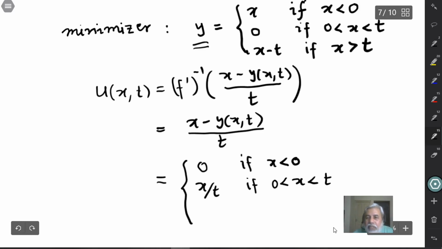And finally, if x is bigger than t, then it is x minus t, so you just get 1. And this is precisely the rarefaction.